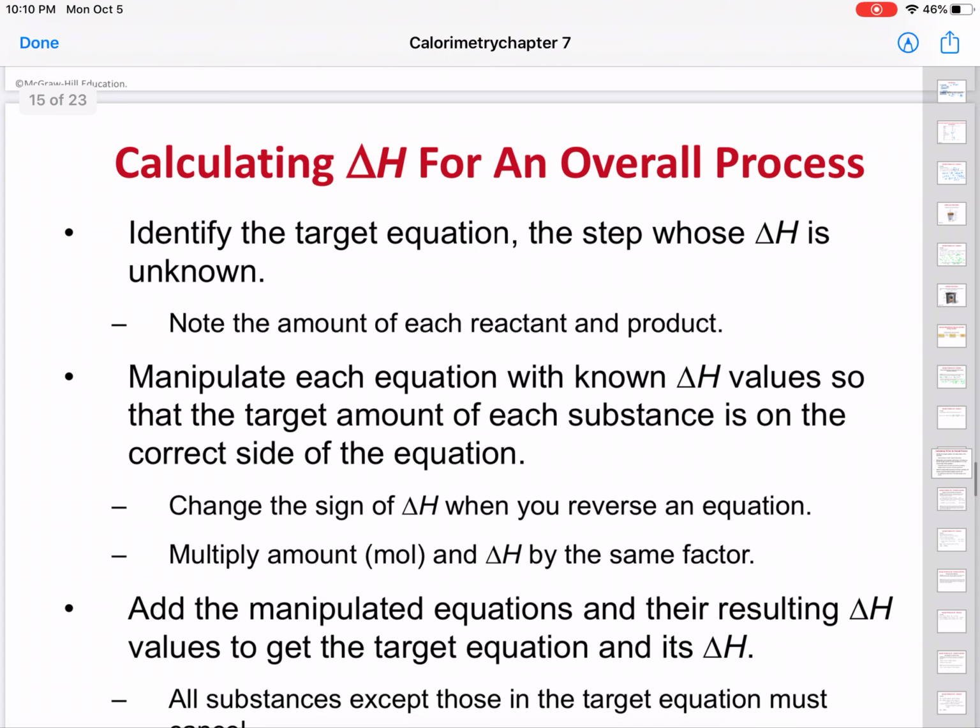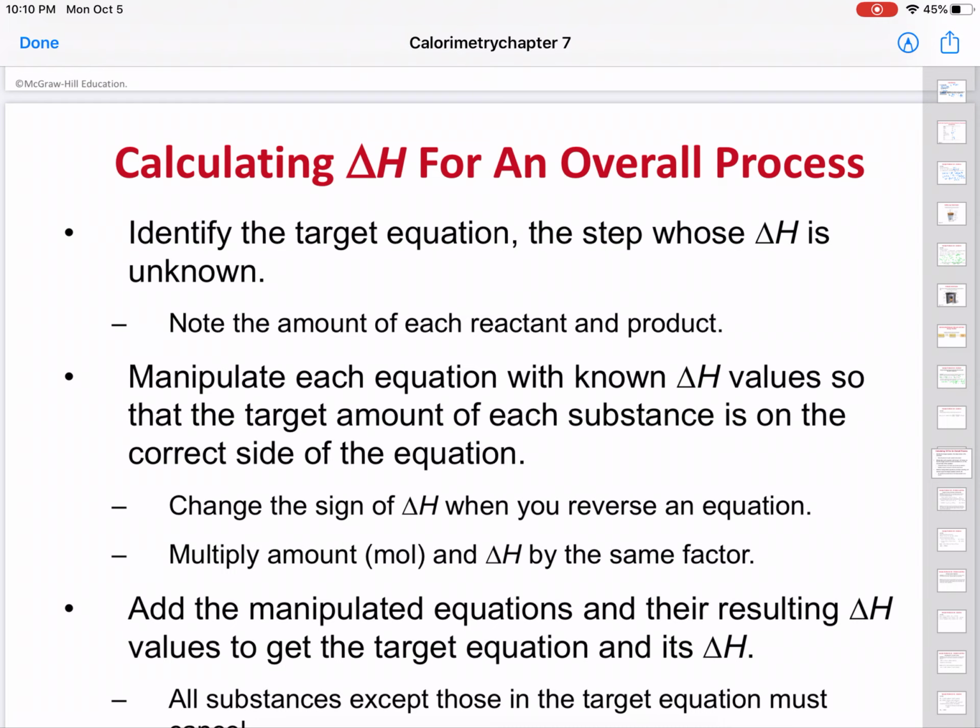And how do we do that? So what are the steps and what is the procedure? So let's see what we need to know in order to do this addition. Calculating delta H for an overall process. First, we need to identify the target equation, meaning the step whose delta H is unknown. And then we also need to know the amount of each reactant and product. How many moles are there?